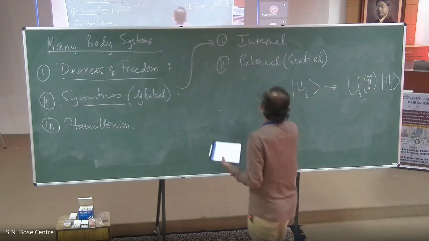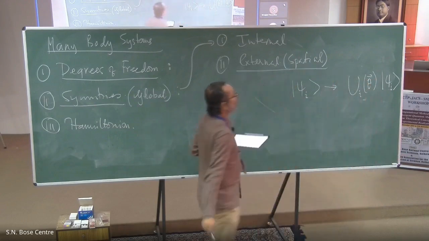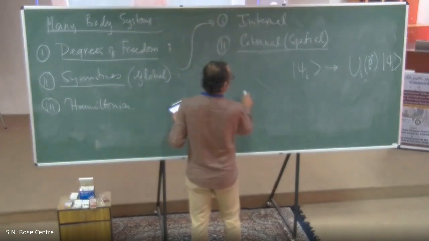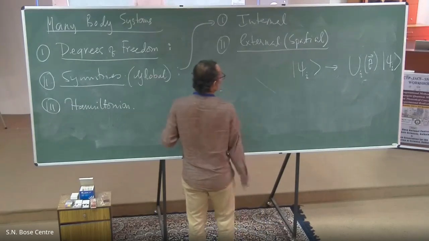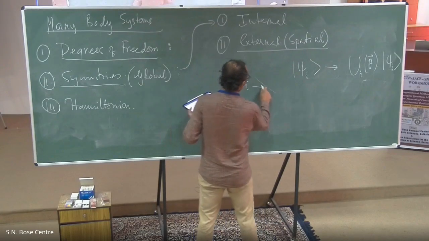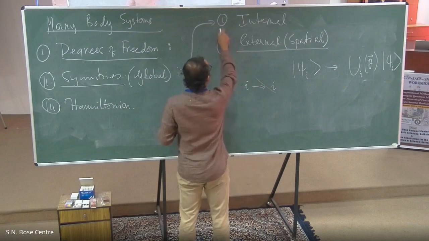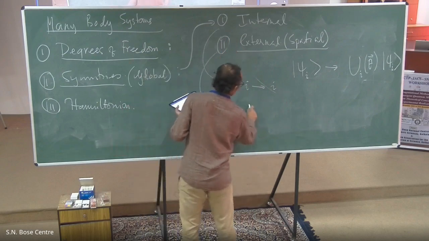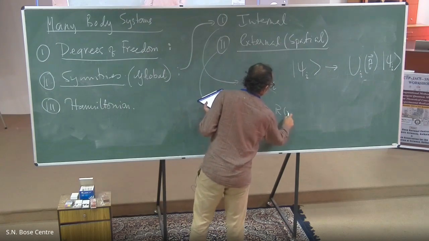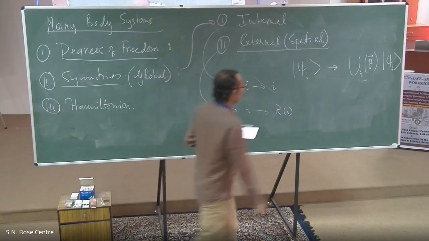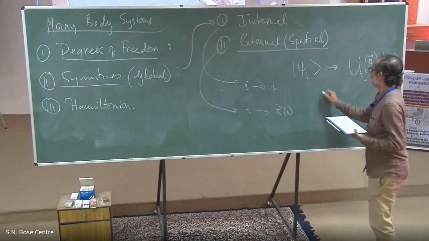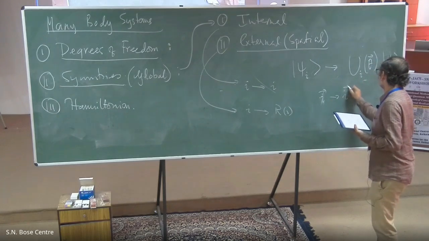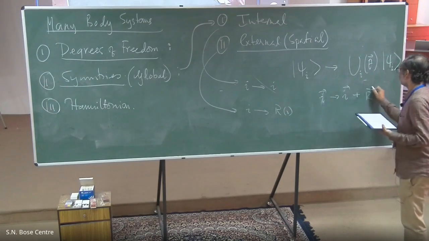Then there are external spatial symmetries, which basically change the labeling. Under internal symmetries, the I labeling remains invariant. But for external symmetries, I goes to some R of I; say for lattice translation, the vector I goes to I plus whatever lattice translation.